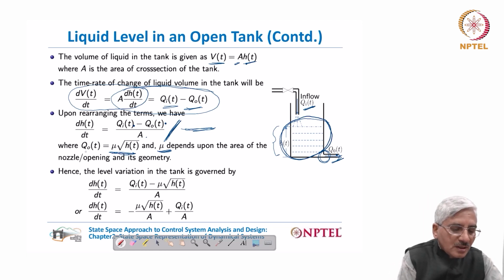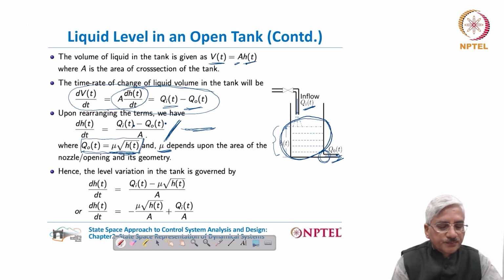So Qo in a simple way can be written as mu times root of H. We make this substitution in this expression to obtain dHt by dt equal to Qi minus mu root H divided by area of cross section A, or dH by dt equal to minus mu root Ht by A plus Qi by A.